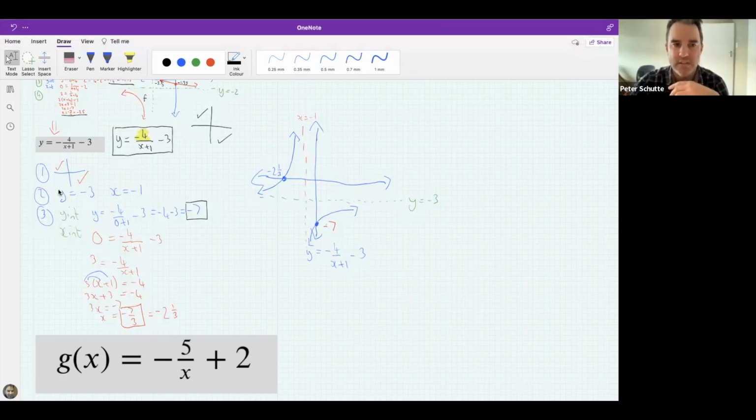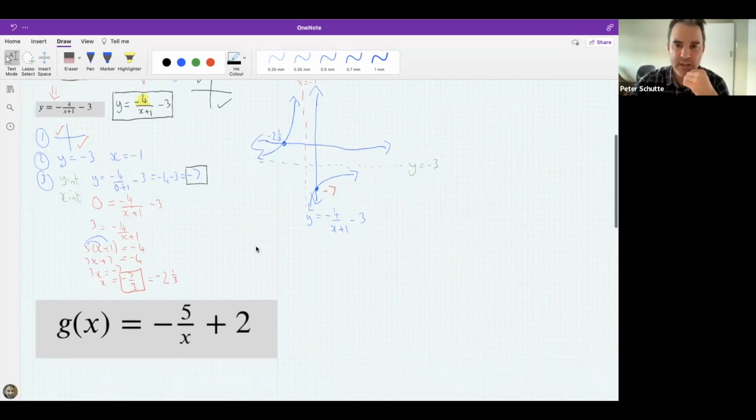So if you want to screenshot the previous example, feel free to do that. Otherwise, I'm going to move some space out for the next example.